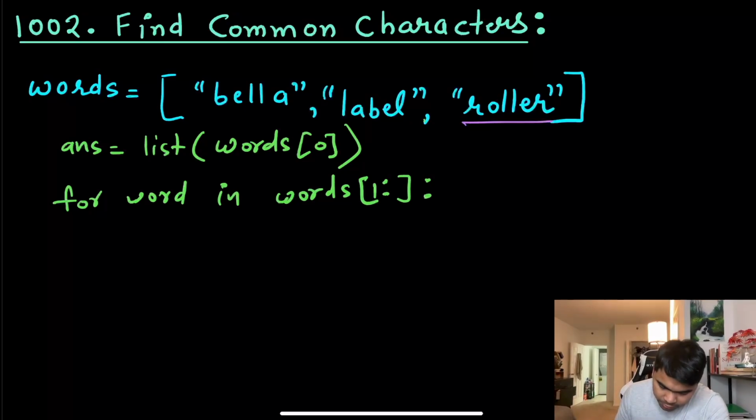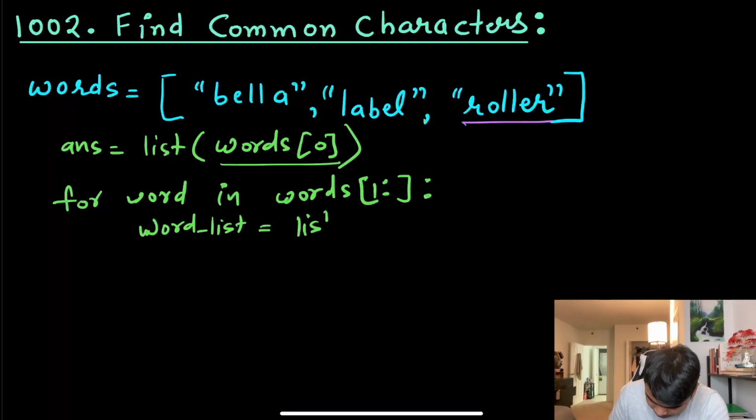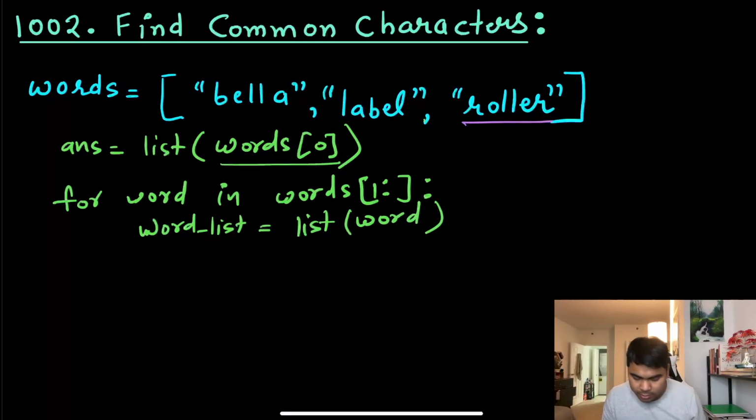I'm not utilizing the first word in the loop because I'm using the 0th word as my base answer. Now I will convert this word to a list, so I'll say list of word, and the reason is that now I can modify this list.